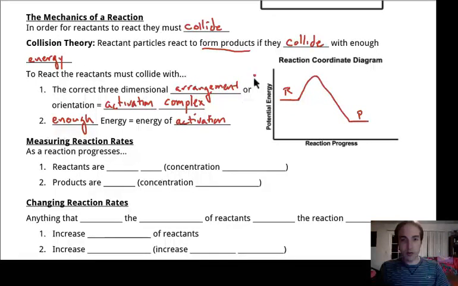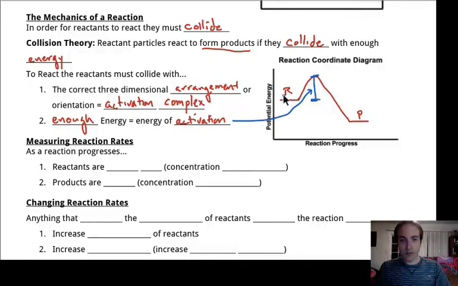And so we would call this little section here, from the top of this hill to the energy that the reactants began with, the energy of activation.